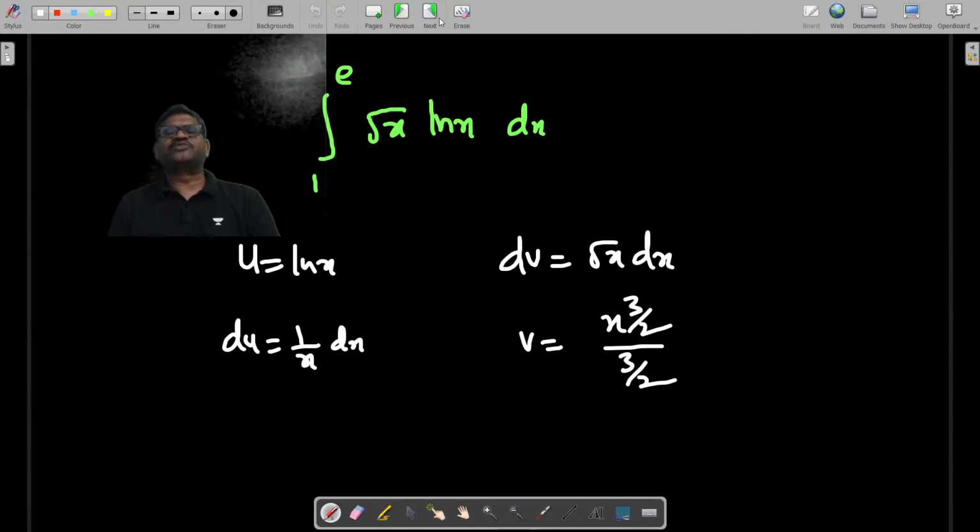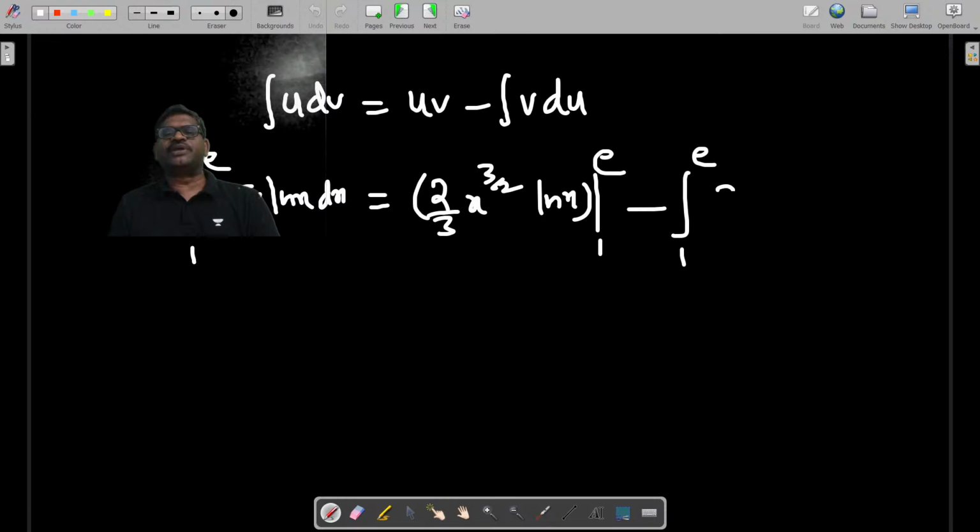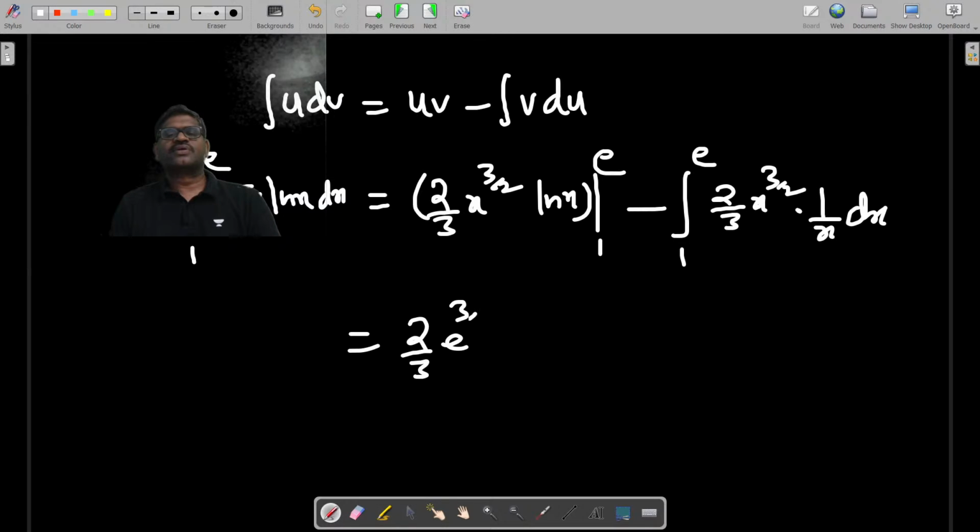V is x power 3 by 2 by 3 by 2, that means 2 by 3 into x power 3 by 2 into 1 by x dx. That is nothing but 2 by 3 into e power 3 by 2, minus 2 by 3 into the integral from 1 to e of x power 1 by 2 dx.